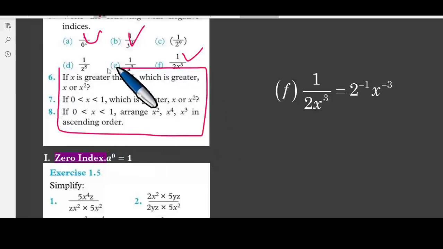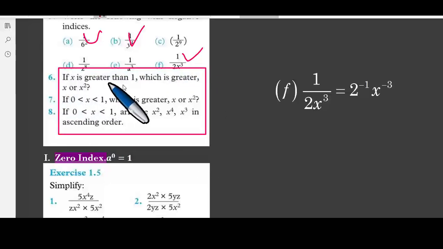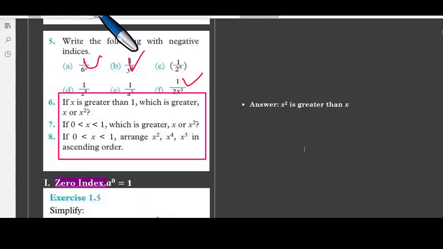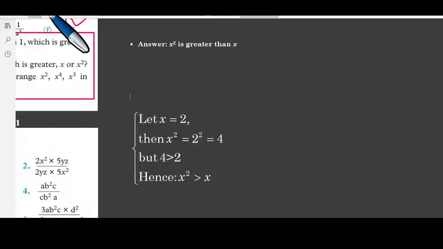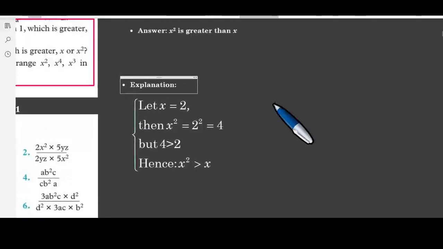If x is greater than 1, which is greater, x or x squared? Good. The answer is simple. X squared is greater than x. Let's explain this concept.